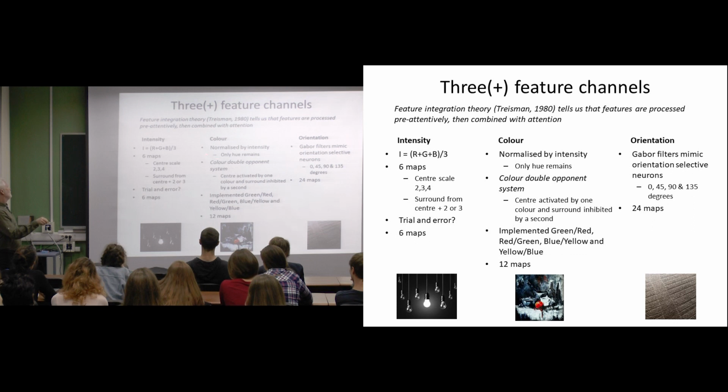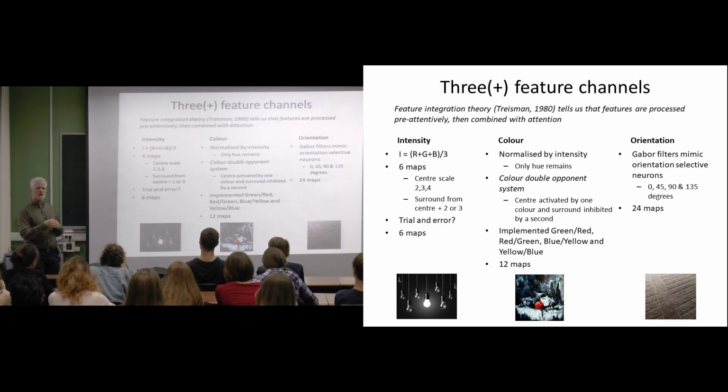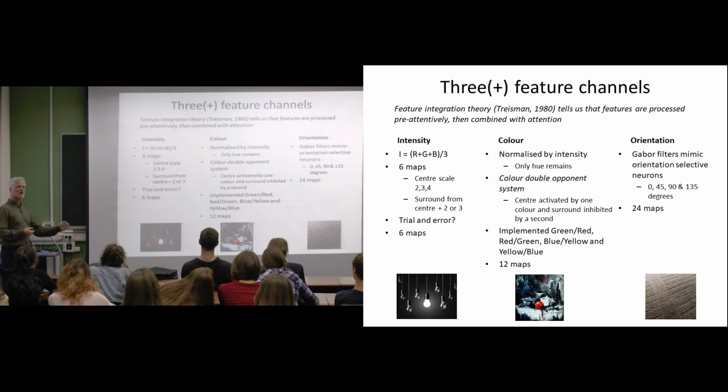Okay? Color, they went a little bit more back to the neuroscience for this one as well. We don't process RGB in the visual system. We actually have a color opponent system in the visual system. And so we tend to have neurons that process pairs of colors. They simulate, this is again a very crude abstraction of that color opponent system, but it still tries to match it, at least to some degree.